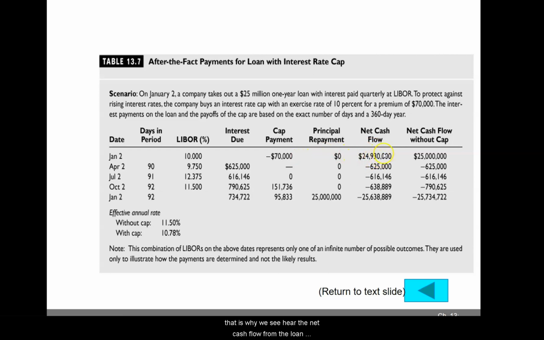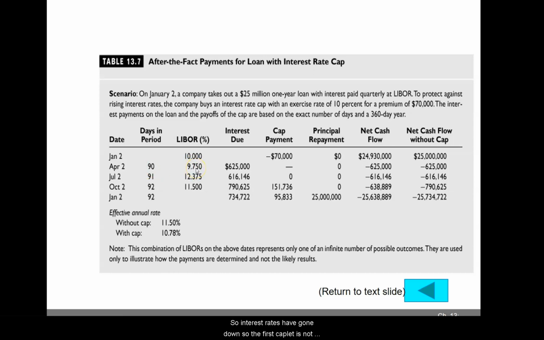So that is why we see here the net cash flow from the loan being reduced by 70,000. And alternatively, if there is no interest rate cap, then the net cash flow remains the same value of loan, 25 million.